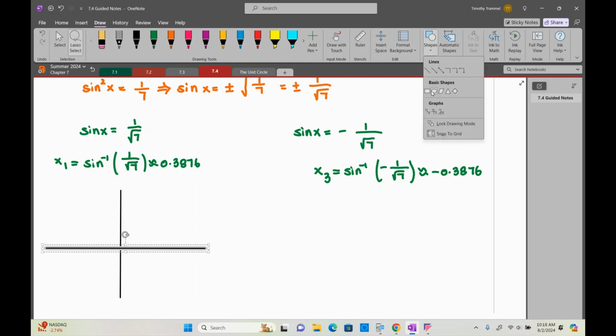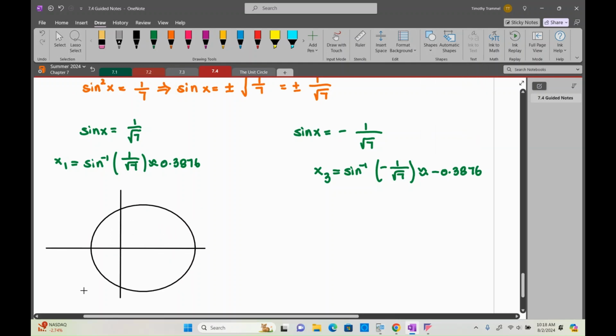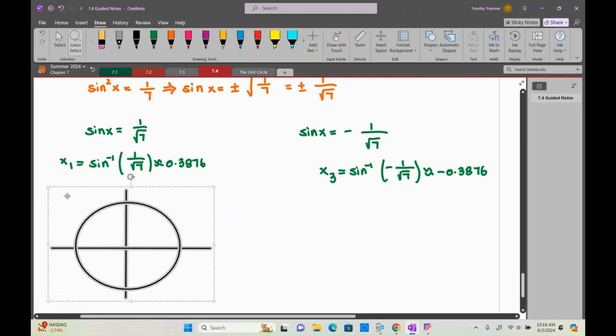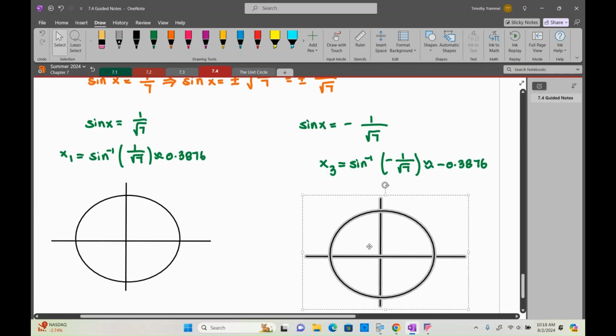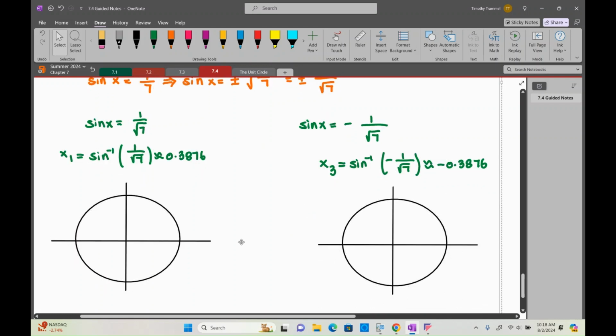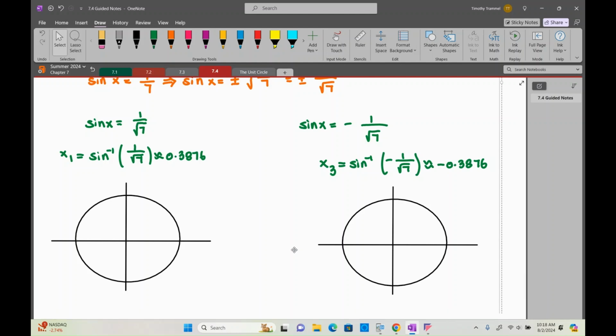And I do need a unit circle. There we go. All right, so we've got our 2 unit circles. Let's start off with sketching x1. So x1 is a quadrant 1 angle.